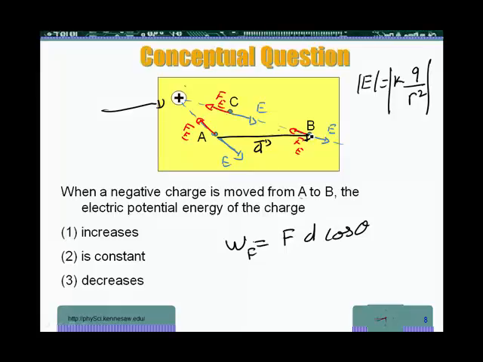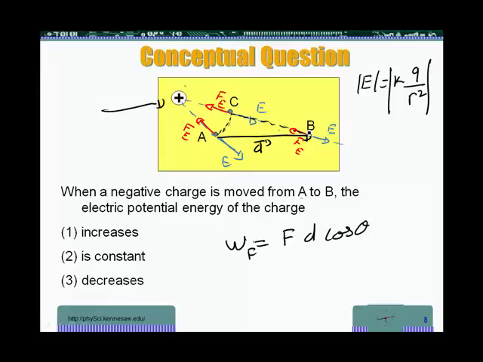For example, here I'm going to take a simpler path to help me understand conceptually what's happening in terms of the work. I'm going to move the charge along this arc here so that the force is always perpendicular to the displacement when I go from A to C. And then once I reach C, I'm going to move the charge along the radius till I get to point B.